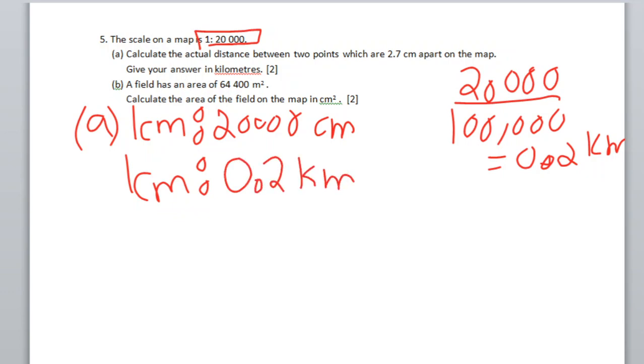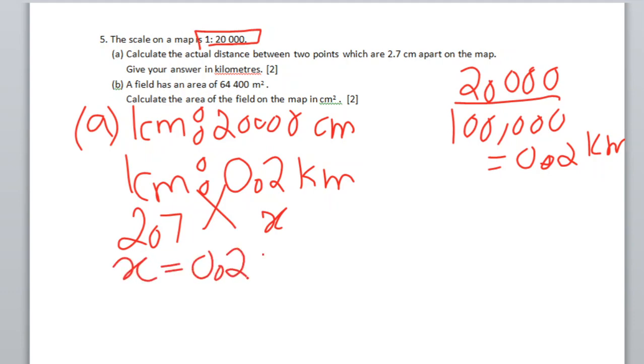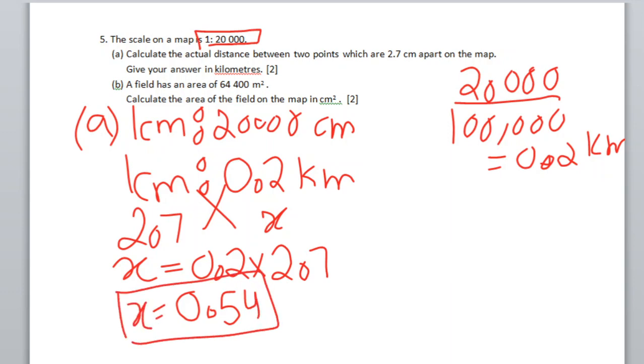Now we are given 2.7 centimeters and we have to find the actual length in kilometers. So cross multiply, x is equal to 0.2 times 2.7. 0.2 times 2.7 gives us 0.54 kilometers.